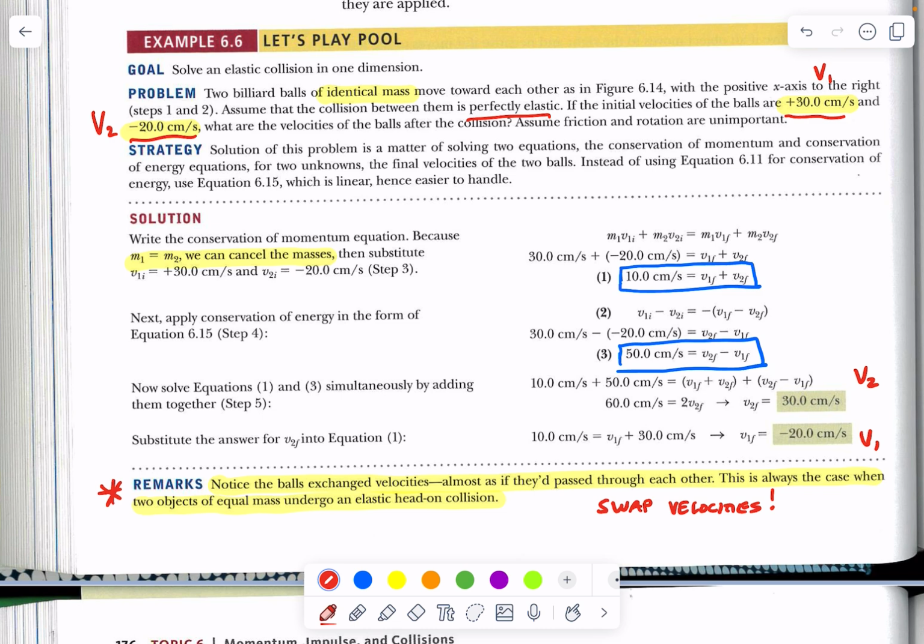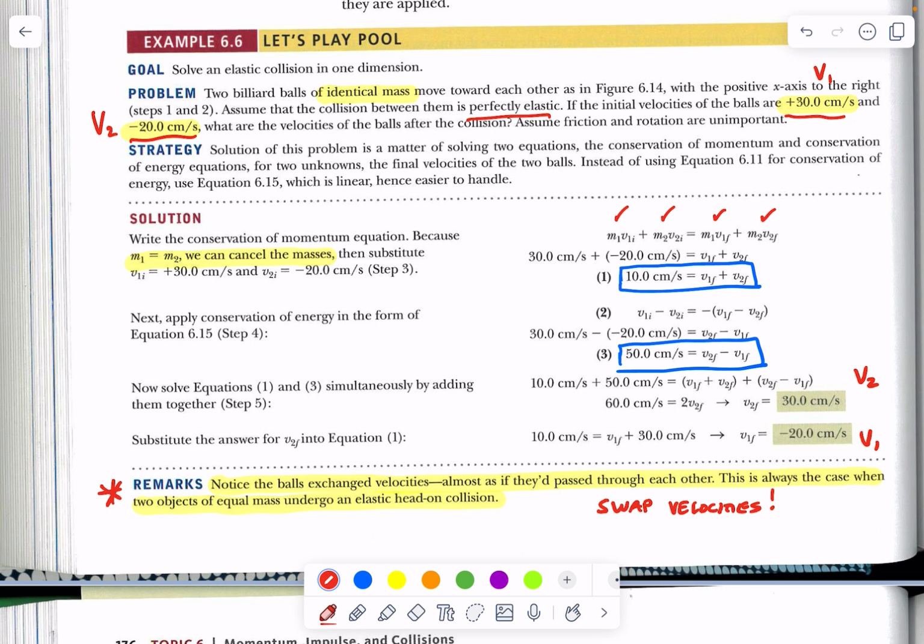In any case, we know that their momentum is conserved. So we have the initial momentum of ball number 1, the initial momentum of ball number 2. They collide with each other and they bounce apart, each having a different momentum than before.